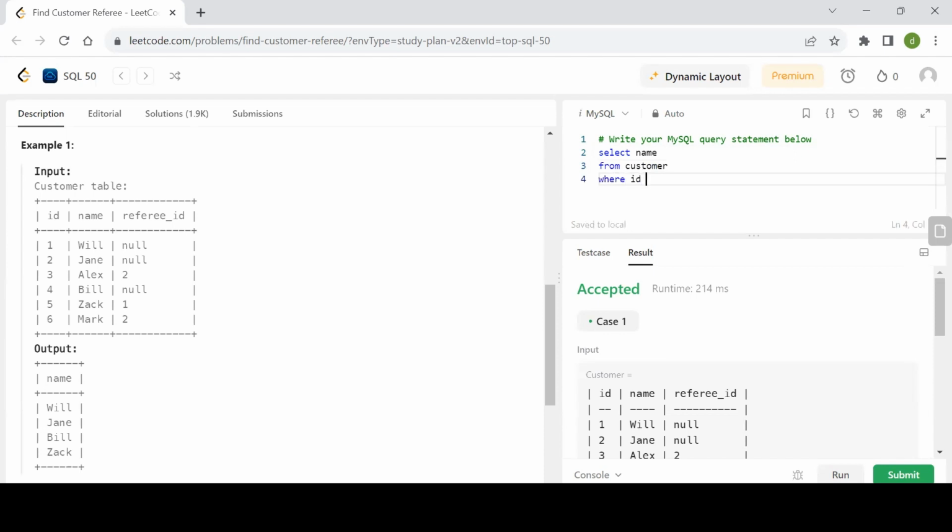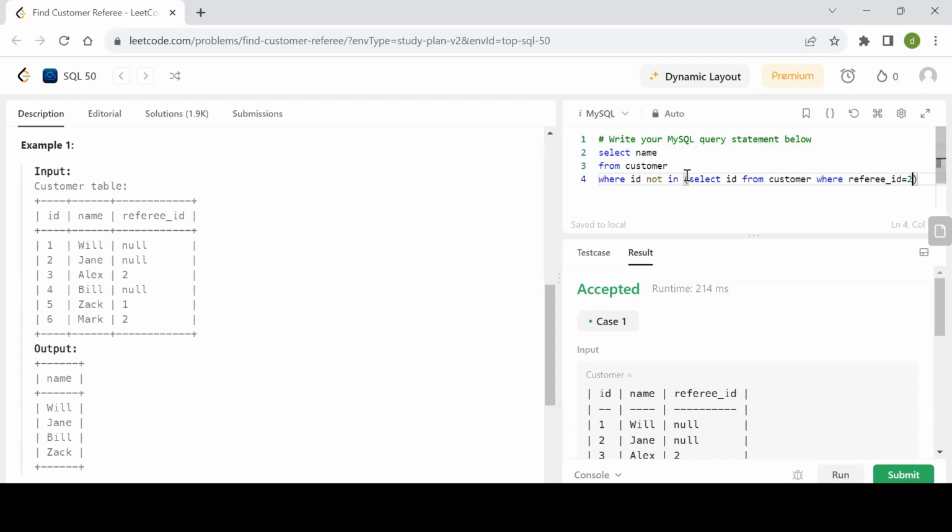So where ID, now I will exclude the IDs I do not want. So I will put a negation clause here, so not in, and put the IDs I do not want in a subquery. So select those IDs from the customer table where the referee ID is equal to 2.